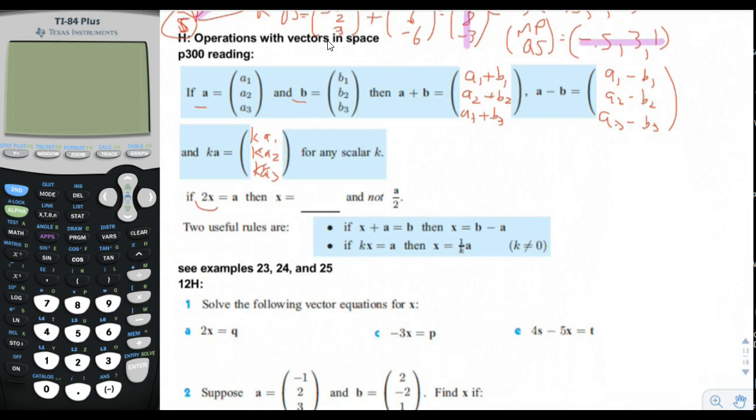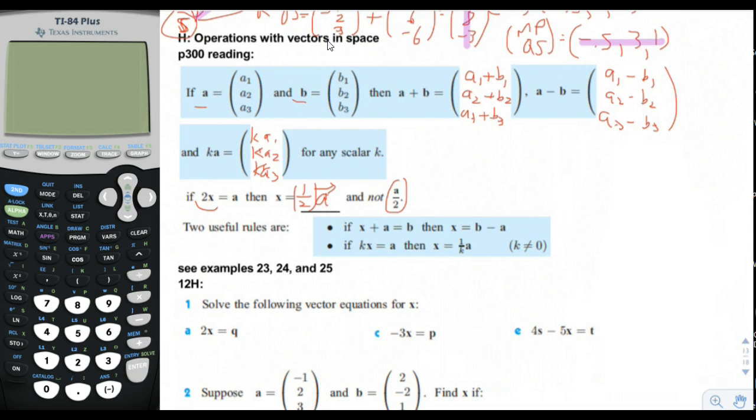If the scalar 2 is multiplied times the vector x, and that's equal to a, then the vector x is equal to 1/2, the scalar 1/2 times the vector a. And you cannot write it like this, because that has no meaning for vectors. For vectors, you have to have the scalar multiplied out front.